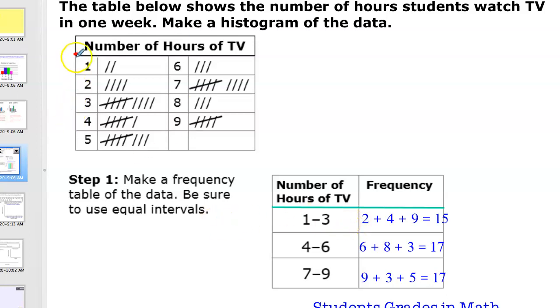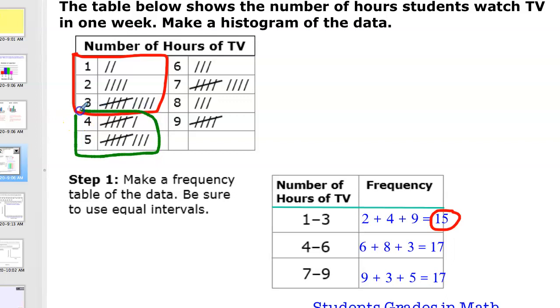So 1 to 3 hours of TV: 2 students watch 1 hour of TV, plus 4 students watch 2 hours, and 9 students watch 3 hours. I add them all together, and I get 15. Typically I don't put 2 plus 4 plus 9 here, but I wanted you to see where I got the numbers from.